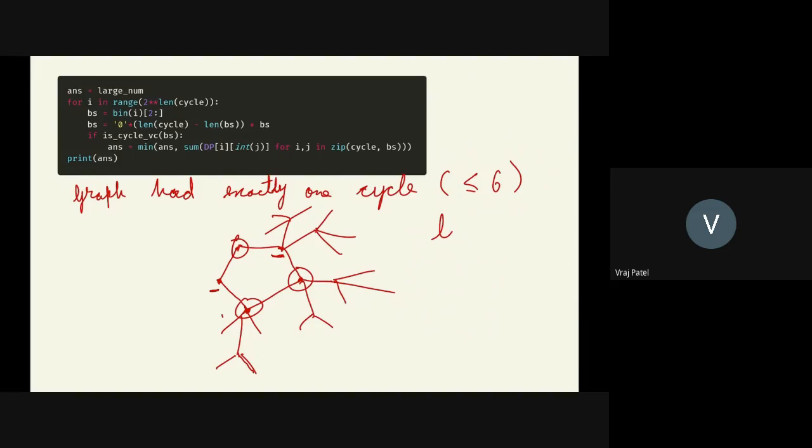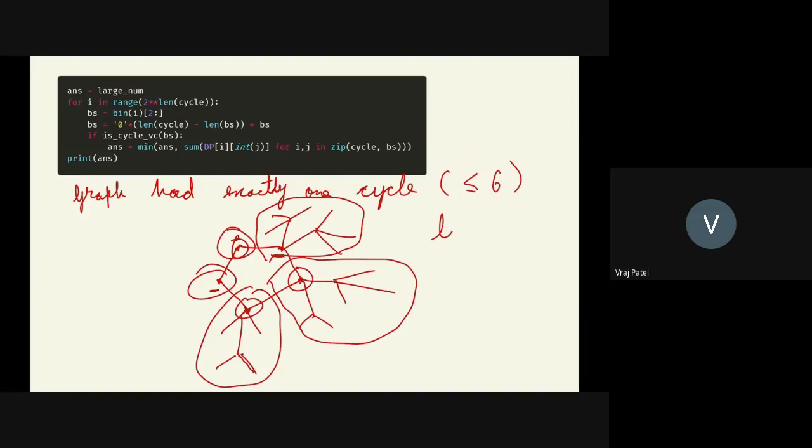That is what I know, if the minimum size vertex cover has only these 3 vertices of the cycle. Then I have already calculated the value for this tree, and for this tree, and this tree, and this tree.